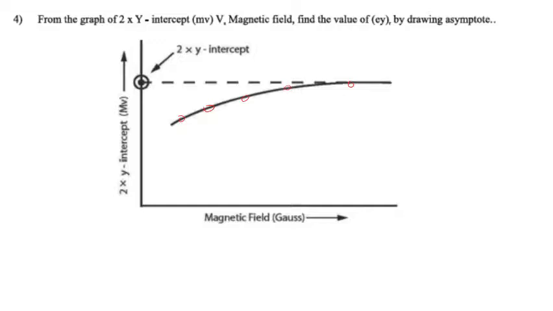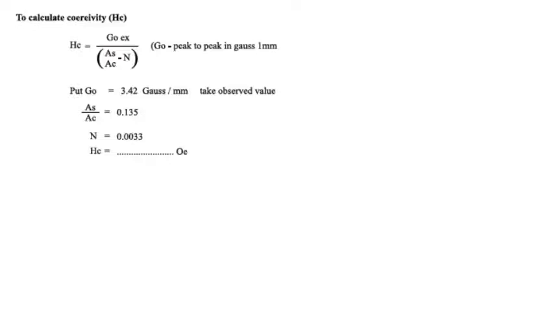So these values are known to us, 2 times the y-intercept, that we have to use. So in order to find the coercivity, HC, we use G0, which we have already calculated, which is around 3.42 Gauss per millimeter. We have to take our observed value, but it will be close to this value, and into Ex, that also we have calculated.